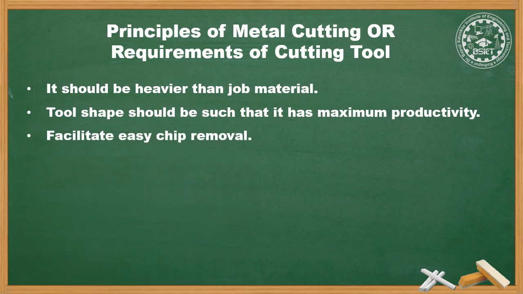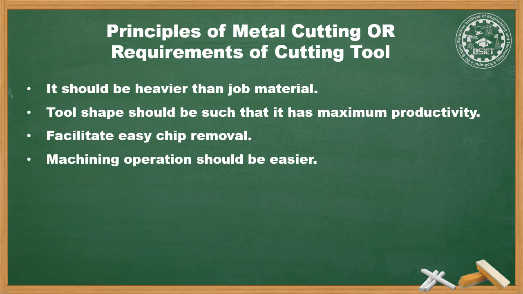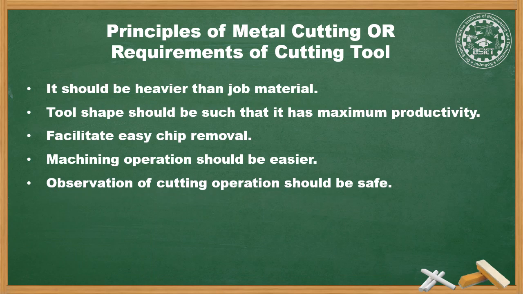Third, facilitate easy chip removal. The chips formed during the machining operation should be easily removed. Fourth, the machining operation should be easier. If the shape of the tool is properly maintained, the machining operation is easier. Fifth, observation of the cutting operation should be safe.